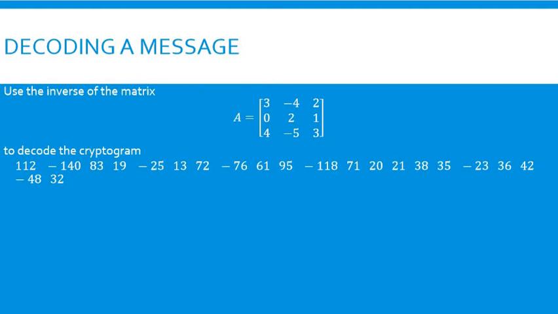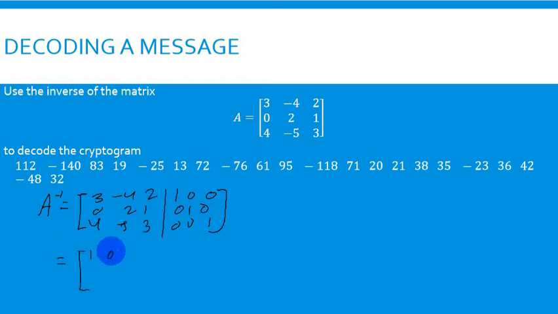Alright, so first we need to find the inverse of A, and to do that we would need to be performing our Gauss-Jordan elimination. So we write it like this: 0, 1, 0, 4, negative 5, 3, 0, 0, 1. Then we perform our Gauss-Jordan elimination.